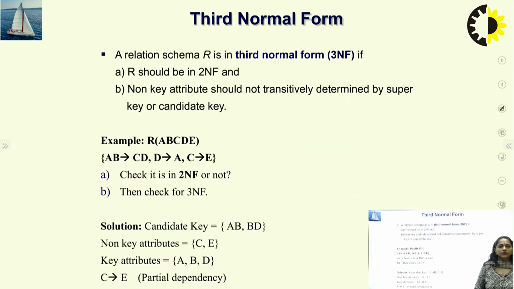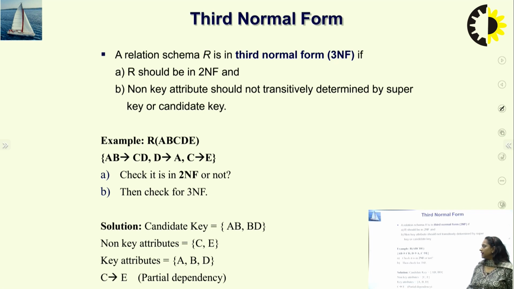Now come to the third normal form. Our relational schema R is in third normal form if, first, it should be in second normal form, and second, a non-key attribute should not be transitively determined by the super key or candidate key.